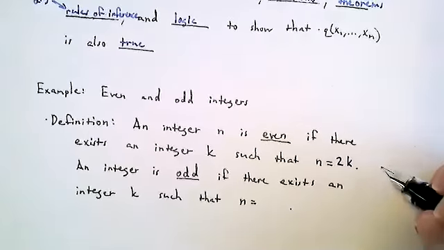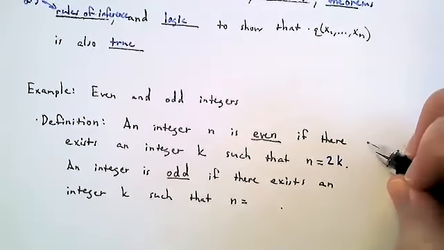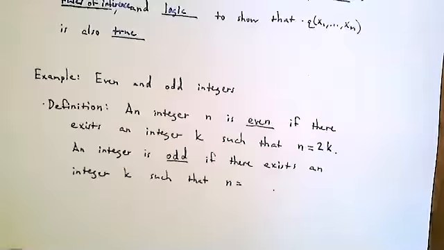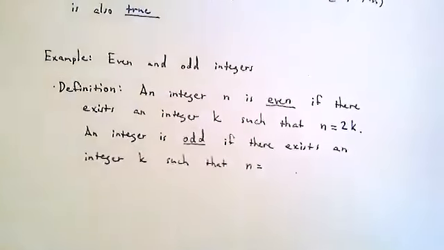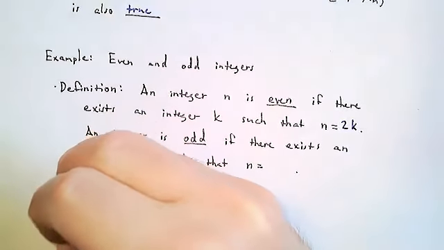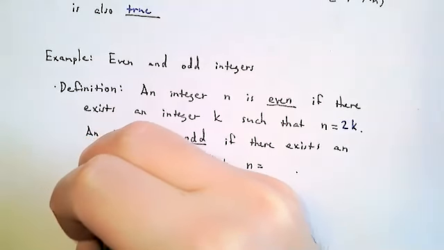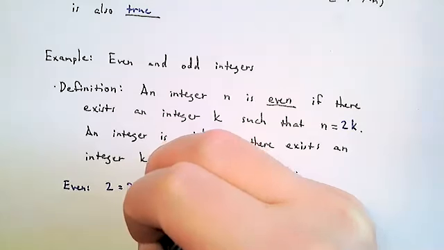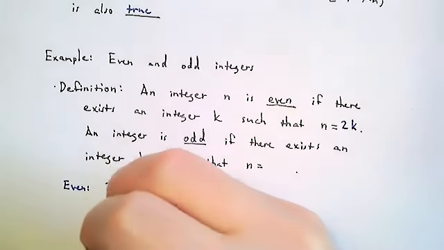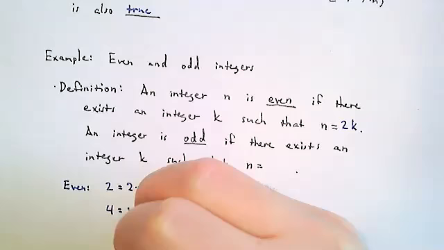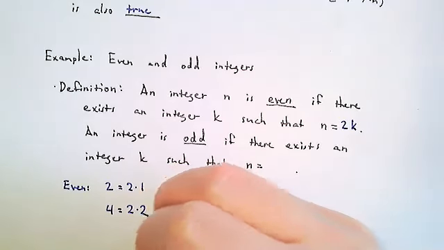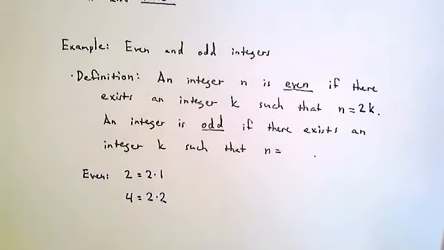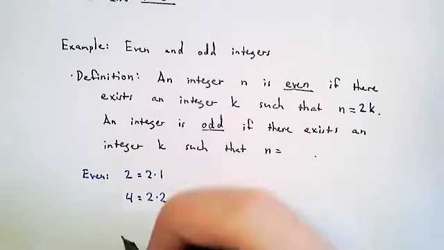So these are things like 2. The number 2 is equal to 2 times 1. The number 4 is equal to 2 times 2. We could continue counting up, 6 is 2 times 3.